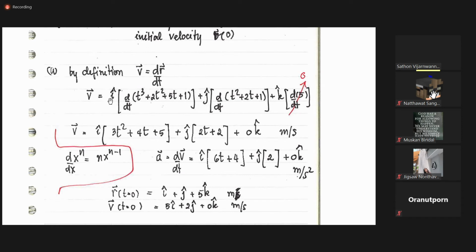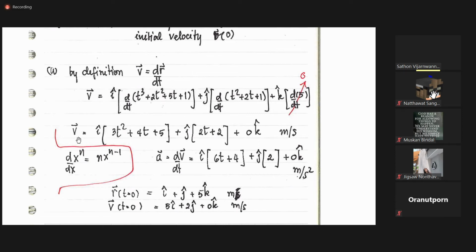Now for the i direction, the derivative of t cubed is 3t squared. Plus the derivative of 2t squared is 2 times 2t, so it's 4t. The derivative of 5t is 5, and the derivative of 1 is 0.